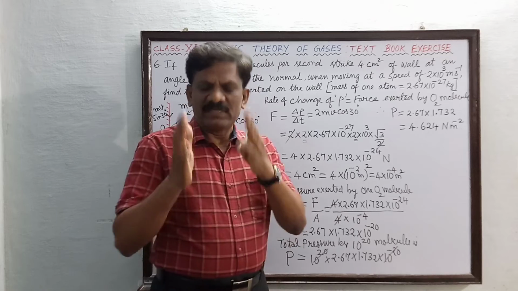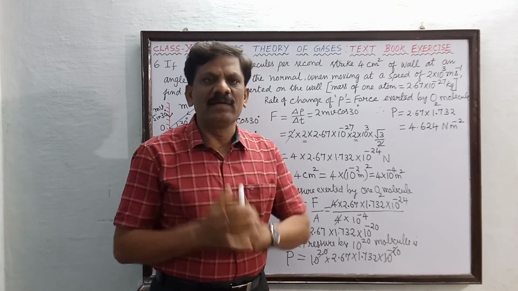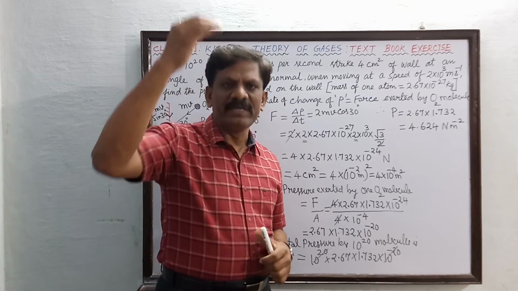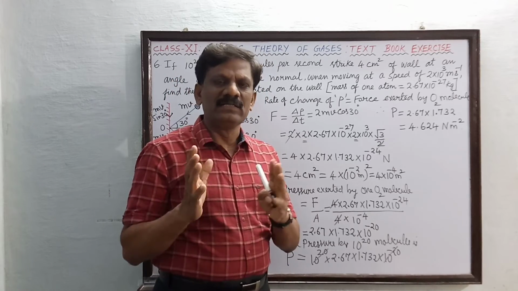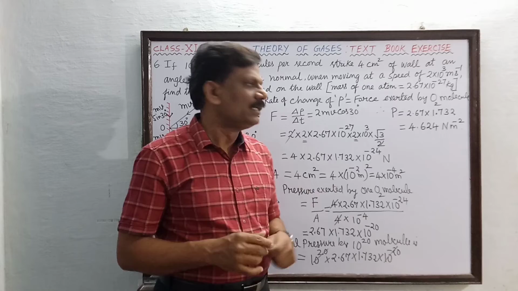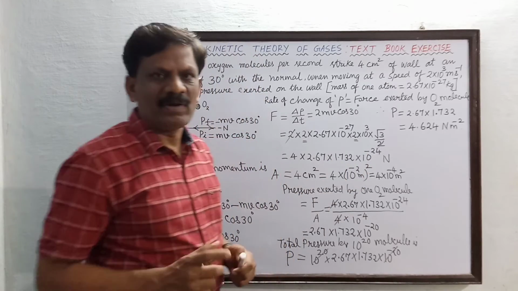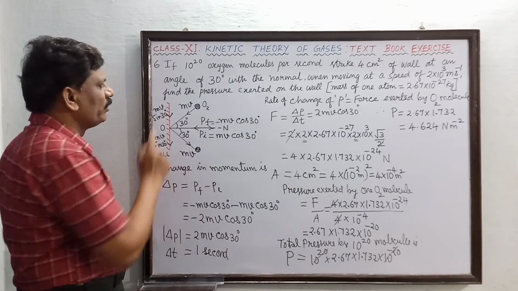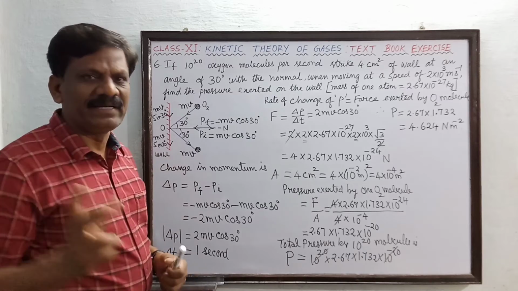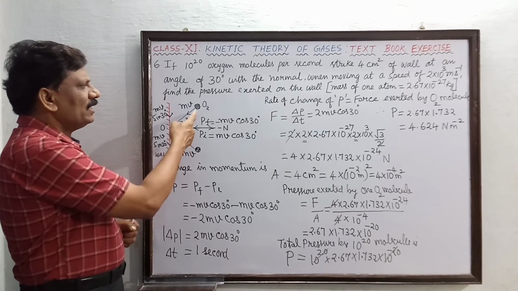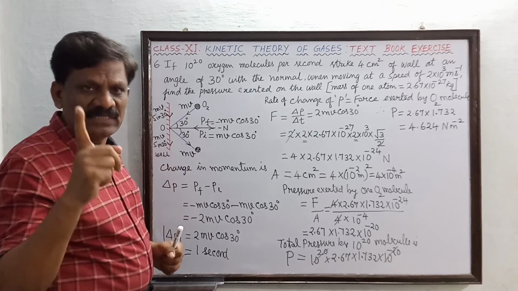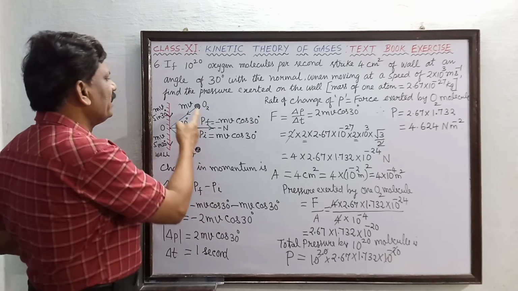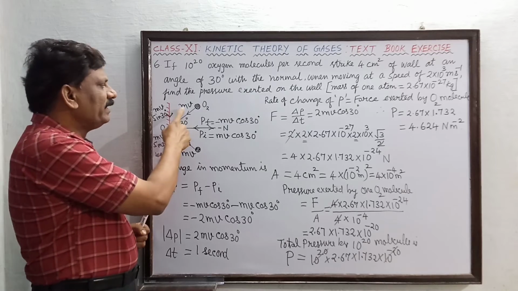Now first you have to understand the problem, then make a list of whatever quantities are given in the problem and draw the relevant diagram so that you can deal with the problem easily. So here you have to start with a rough schematic diagram, so that you understand that one oxygen molecule is made up of two oxygen atoms, and its mass is taken as m, speed is v.